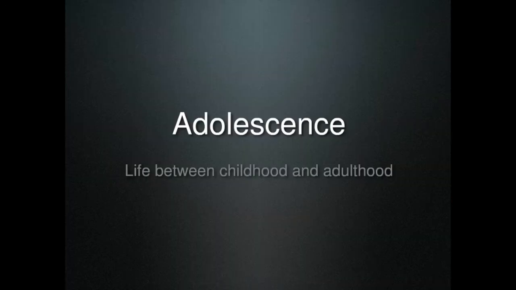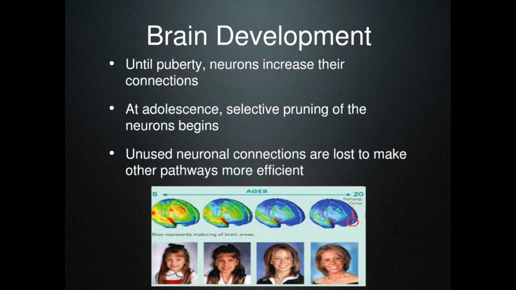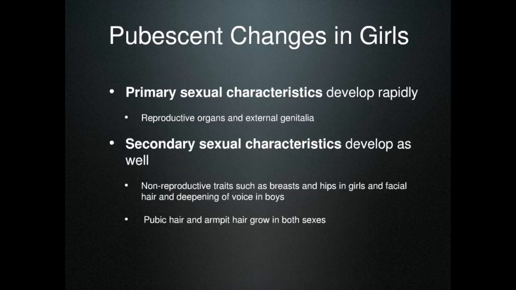We get into Erickson real quick. We talk about adolescence, adolescent maturity, brain development. Not something I think you really need. Oh, these are two terms that you probably will need to know. Primary and secondary sexual characteristics.